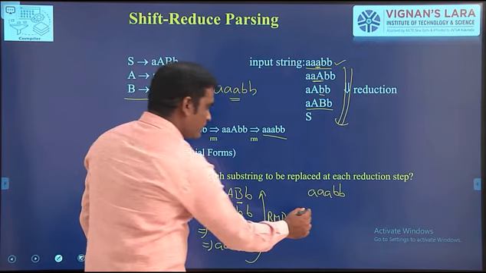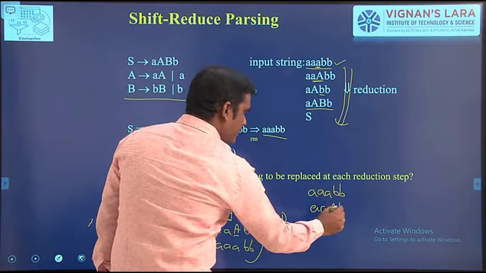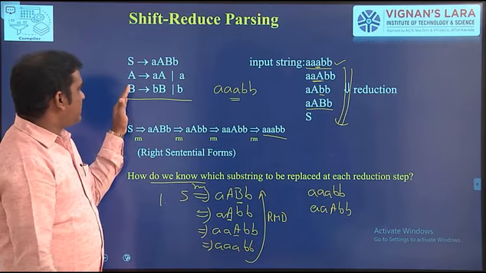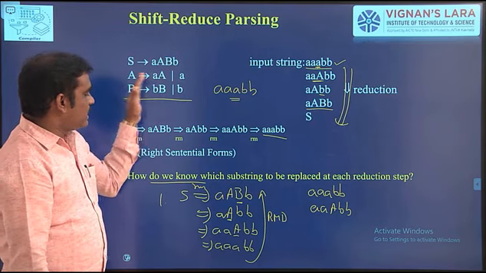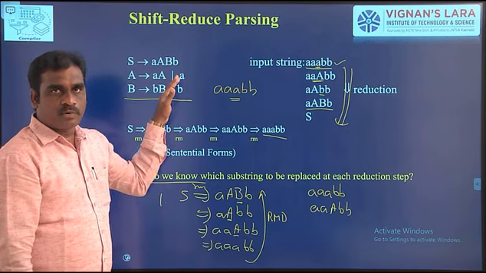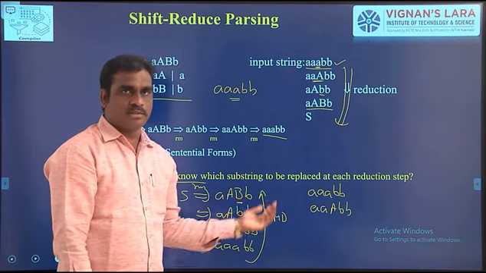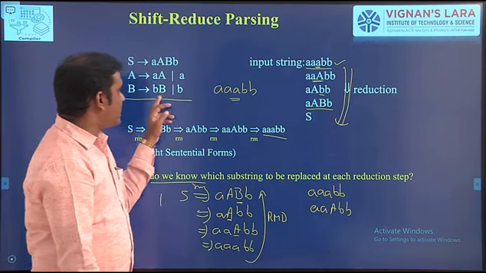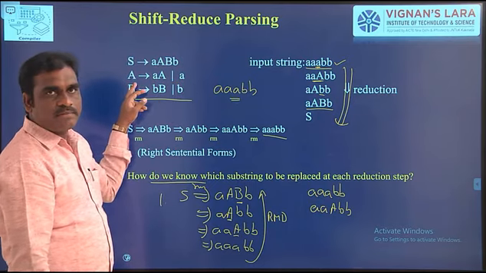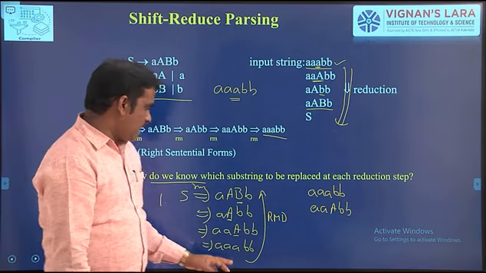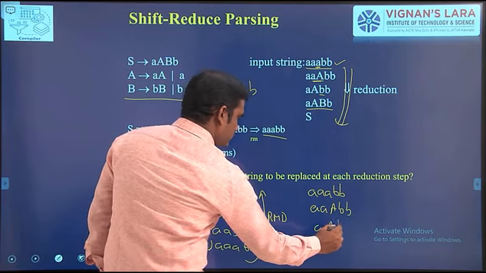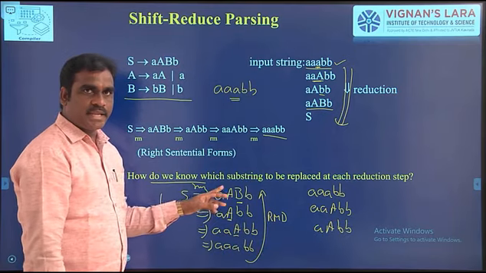Generally, the left hand side value is replaced with some right hand side of the production, whereas in this case it is a reverse approach. What is a? a is the right hand side of the production. Now it is replaced with the left hand side value. Next one, aA is replaced with A. And the next one is aA, bb.